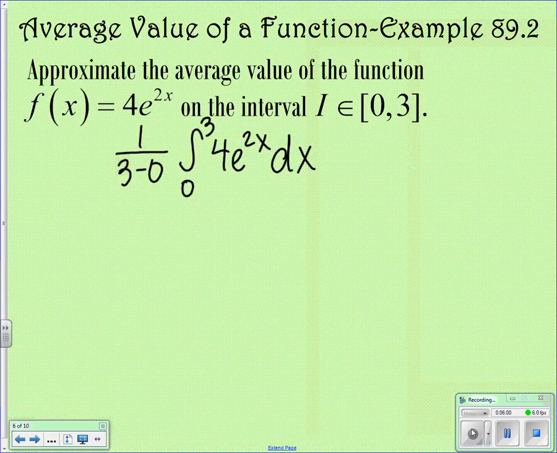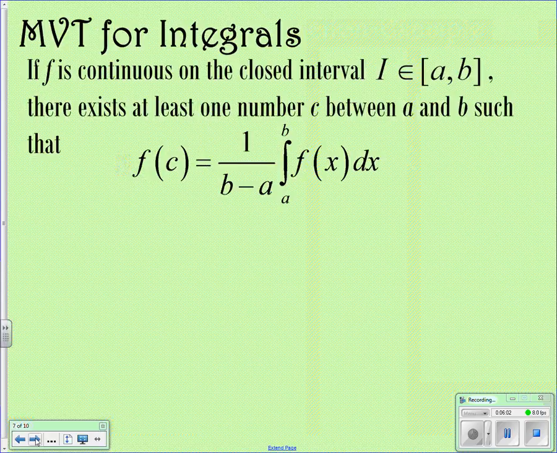Okay, so let's look at the next part, the mean value theorem for integrals. If f is continuous on your interval from a to b, then there exists some number c between a and b such that f of c equals 1 over b minus a times the integral from a to b of your function.